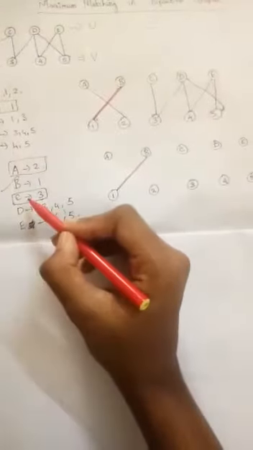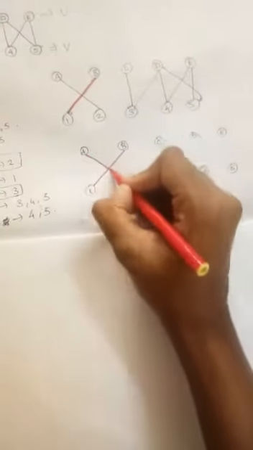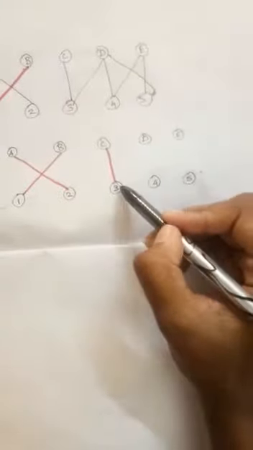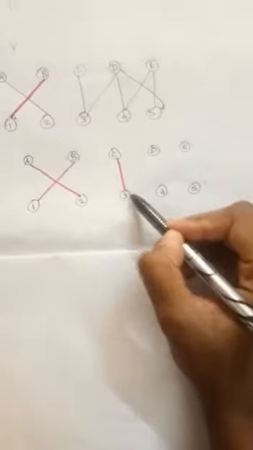So A to 2 and C to 3. I have finalized it. So let me draw the remaining pairs. D is connected to 3, 4 and 5. D can't be connected to 3 because 3 has already found its final pair with C. So D is connected to the remaining 4 and 5. Similarly, E is connected to 4 and 5.